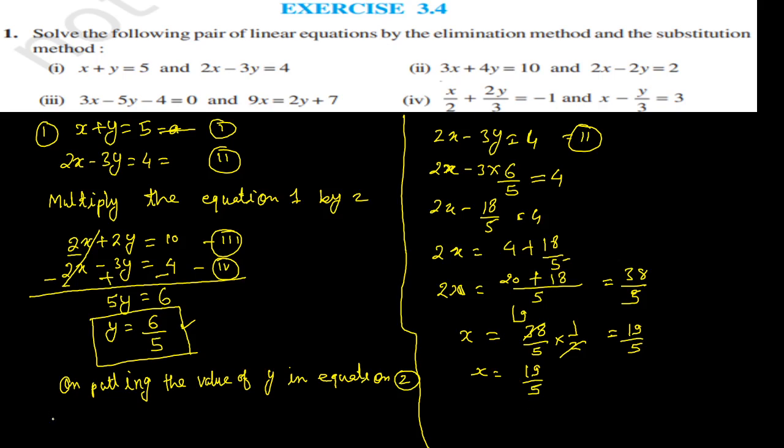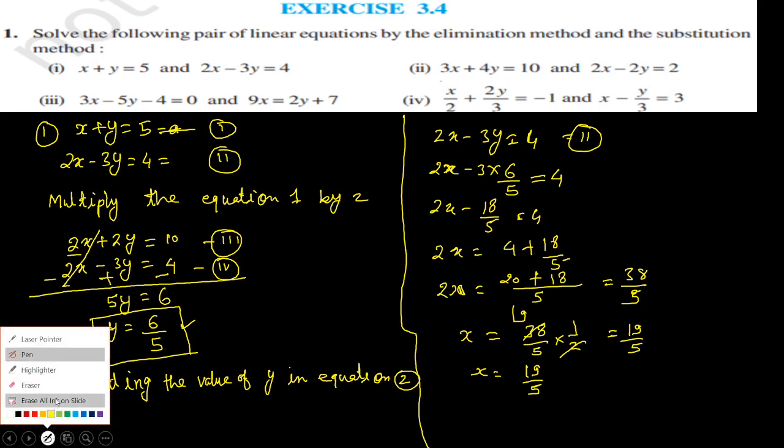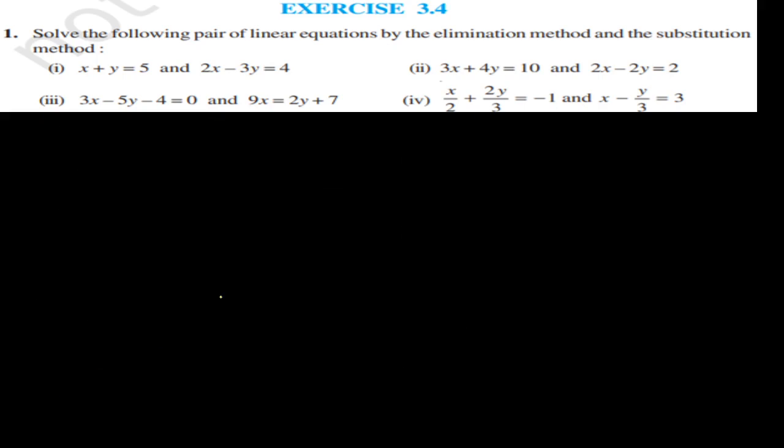Now let us solve question number 4. How to solve this question number 4 here. First equation is x by 2 plus 2y by 3 is equal to minus 1. The second is x minus y upon 3 is equal to 3. Now first of all we'll multiply equation 1 by 6.